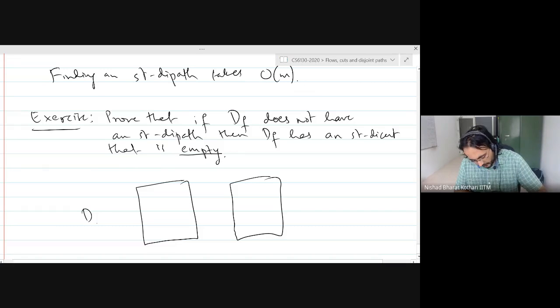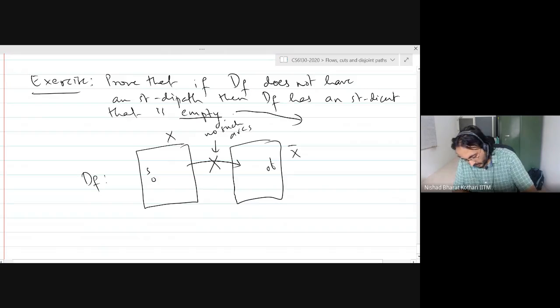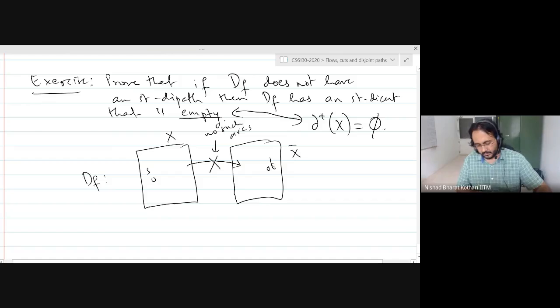This is the directed graph F. S will be here, T will be here, and there will be no edges going like this. No such arcs. In other words, partial plus of X should be the empty set. Okay? That is what I mean by an ST dicut that is empty. There are no arcs in that set.